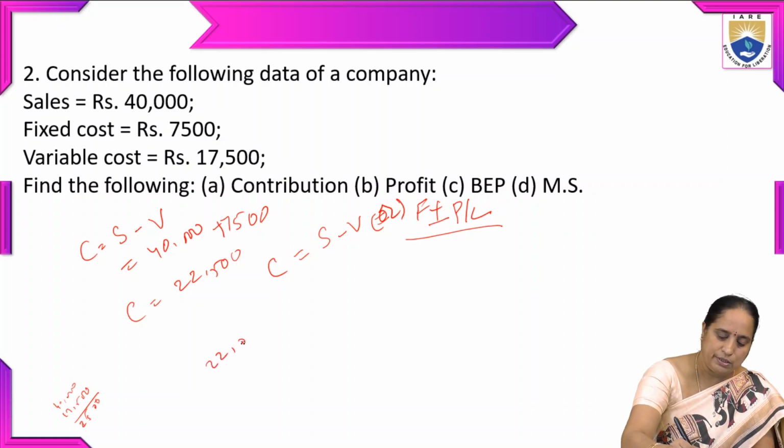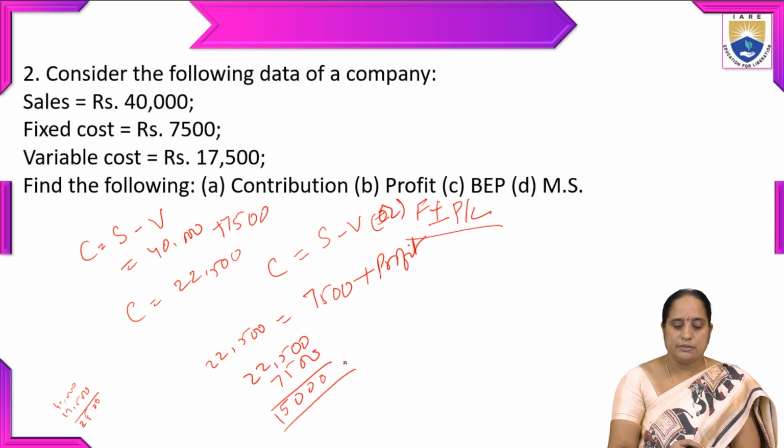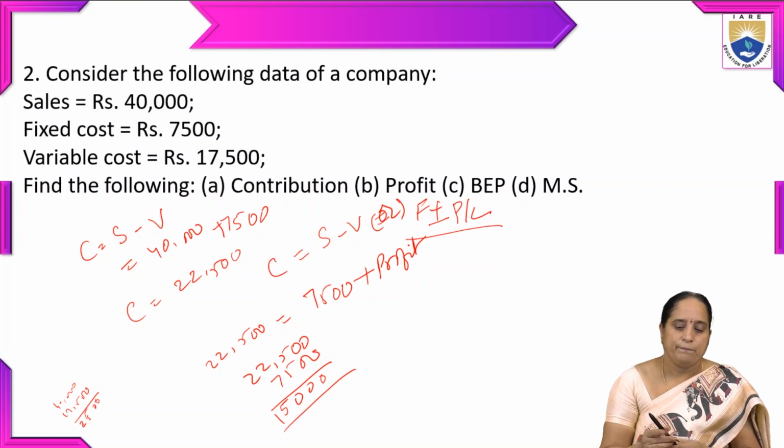So contribution 22,500 is equal to fixed cost 7,500 plus profit. So 22,500 minus 7,500, so 15,000 is our profit.